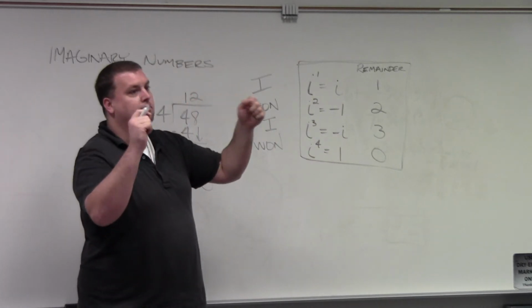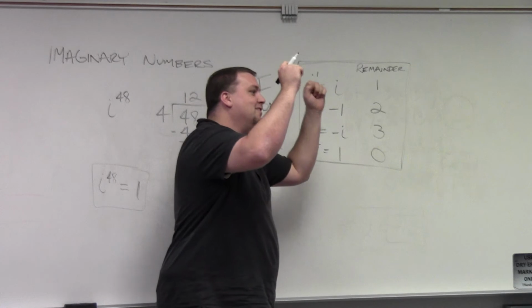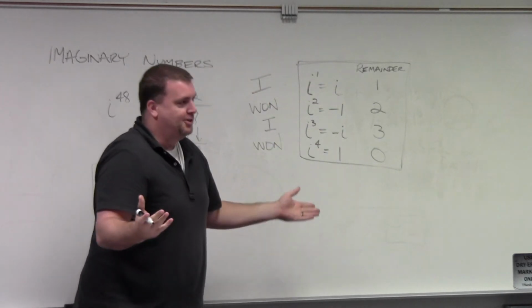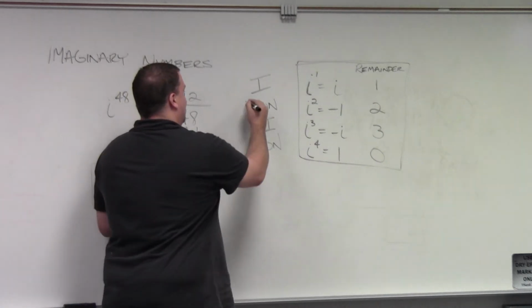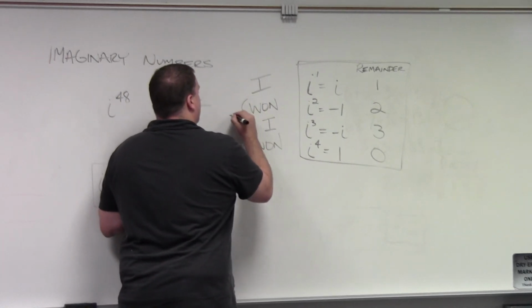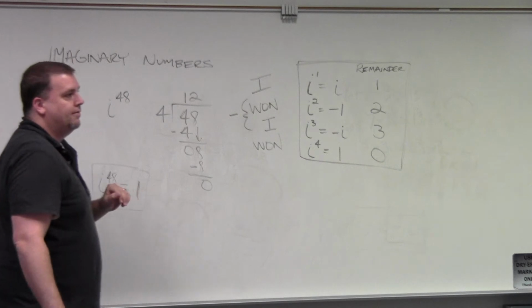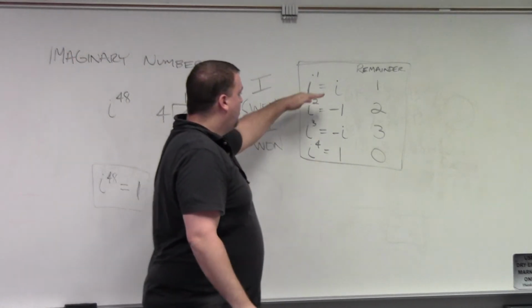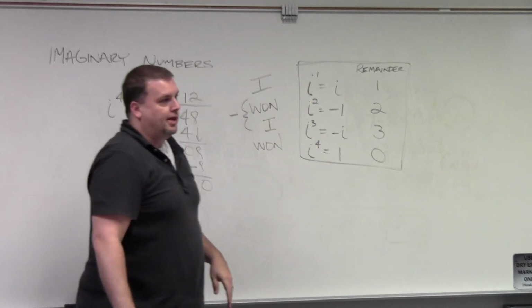"I won." You just have to remember that the middle two are negative. If you can remember that phrase, "I won," that will help you remember the order that the powers go in. Okay? Good.